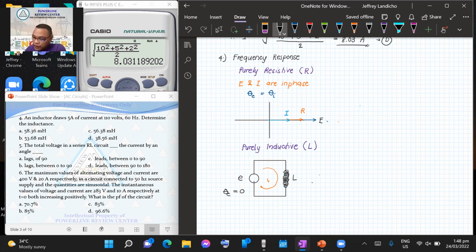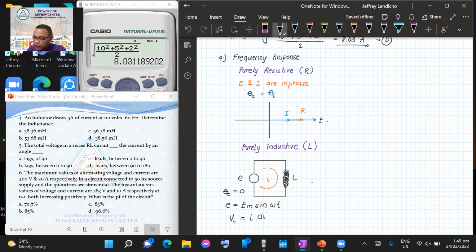And let us consider now, at phase angle of voltage 0, the source voltage E equal to whatever the maximum value multiplied natin kanina, sine omega t. So therefore, since meron ka lang inductive load, purely inductive connected to your source voltage, so lumalabas, whatever the source voltage, that is the voltage drop across inductance. Tama ba? So kung babalikan natin, generally, voltage drop across the inductance, anong formula niyan?